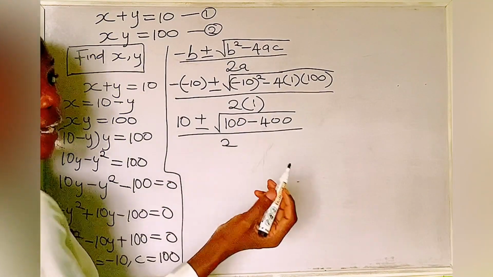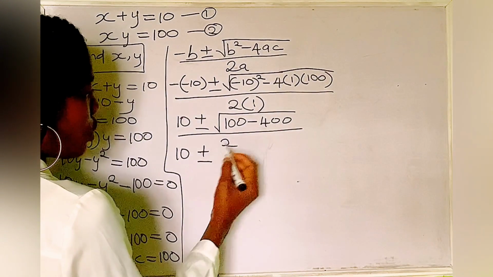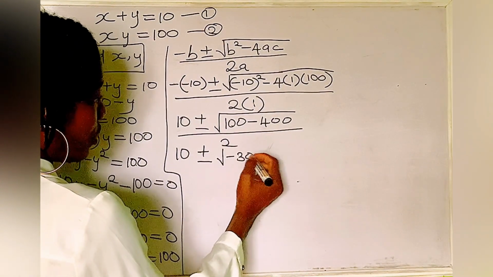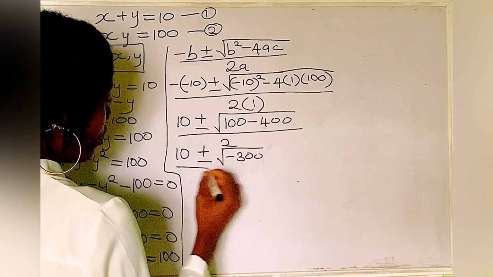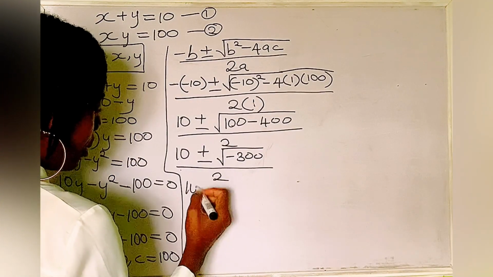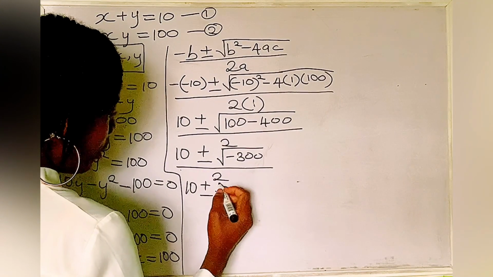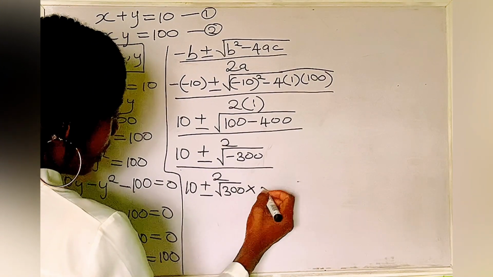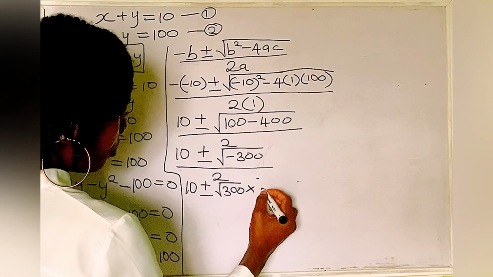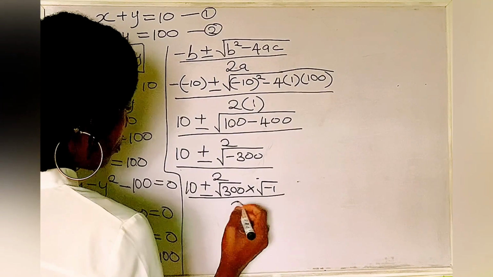Okay, now we have 10 plus or minus the square root of 100 minus 400, which is minus 300, all over 2. Now we can say this is plus or minus the square root of 300 multiplied by the square root of minus 1, over 2.